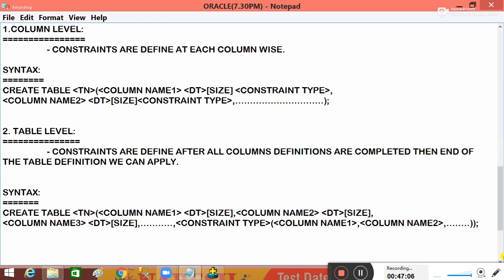Okay, now the differences are understood. So this is table as well as column. And now one example we will see.